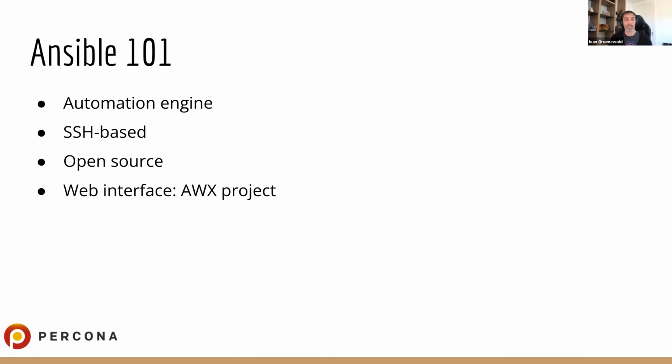And it will use SSH to connect to the host and apply the change. So there are no agents involved. It's open source. Also, it was acquired by Red Hat back in 2015, I think. But it's still open source, although there's a paid option. And there's also a web interface that is called AWX, in case you're interested.